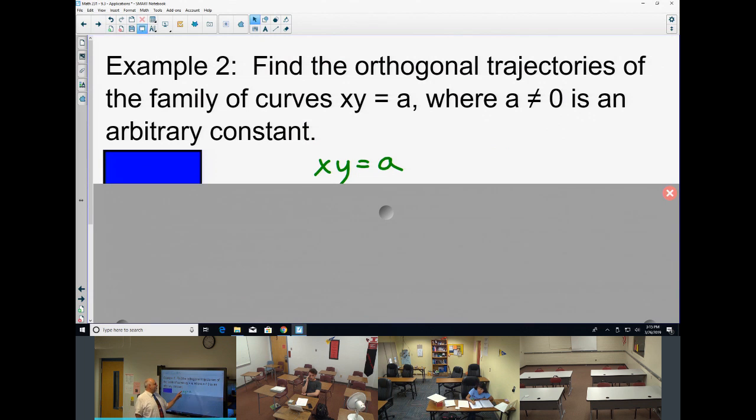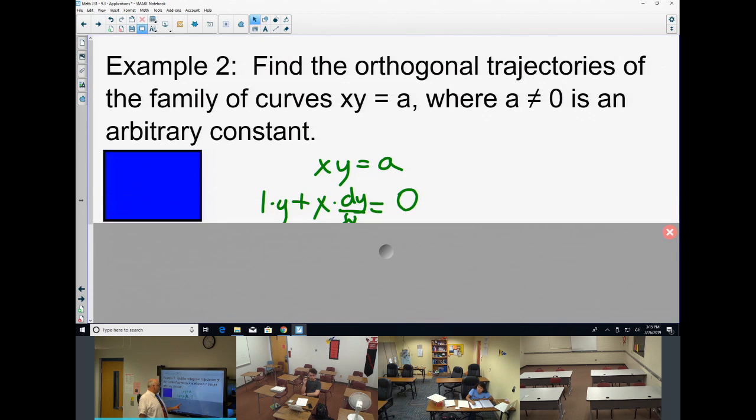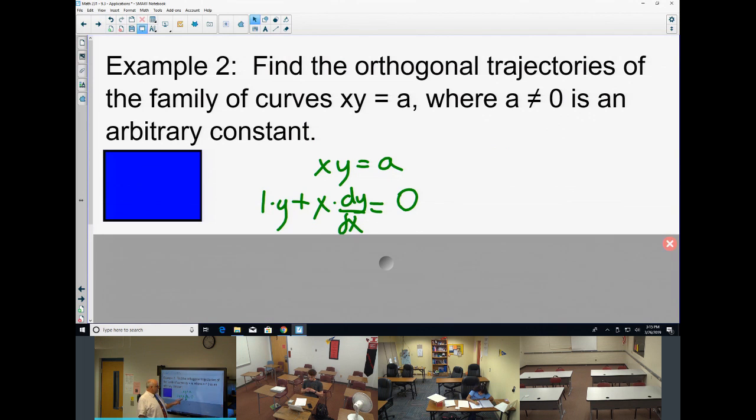So we're going to take the derivative of this. The derivative of xy, we're going to have to use the product rule. The derivative of x is 1 times y, plus x times, now when we take the derivative of y with respect to x, we've got to add in the dy dx. So x times dy dx equals 0, because the derivative of a constant is 0.